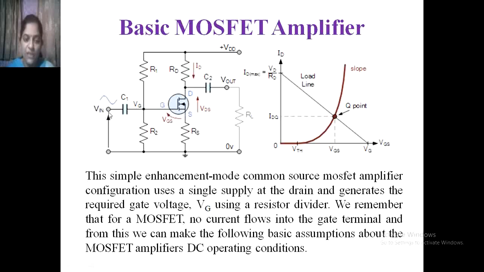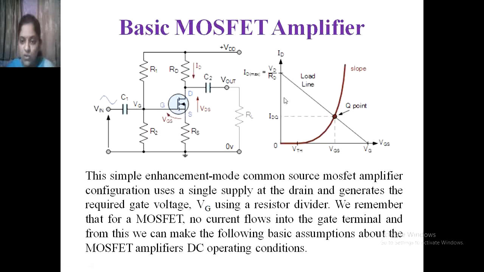Vin is applied through the coupling capacitor C1. R1 and R2 form the biasing voltage divider network, and here we also have RD and RS. The output we can take across the load resistor RL. So output is coupled through the C2 capacitor.